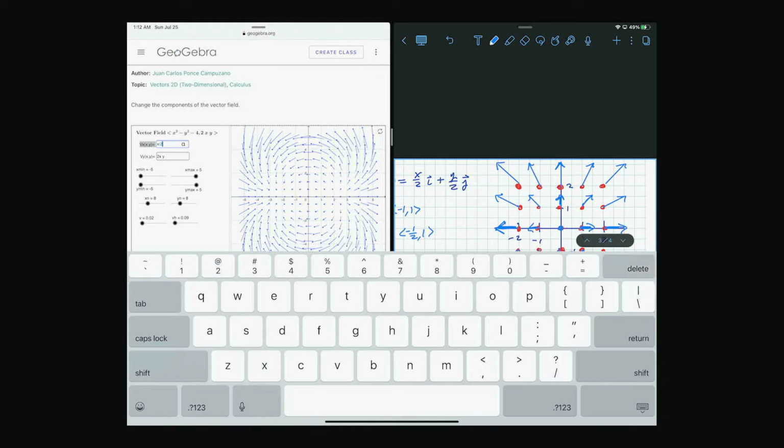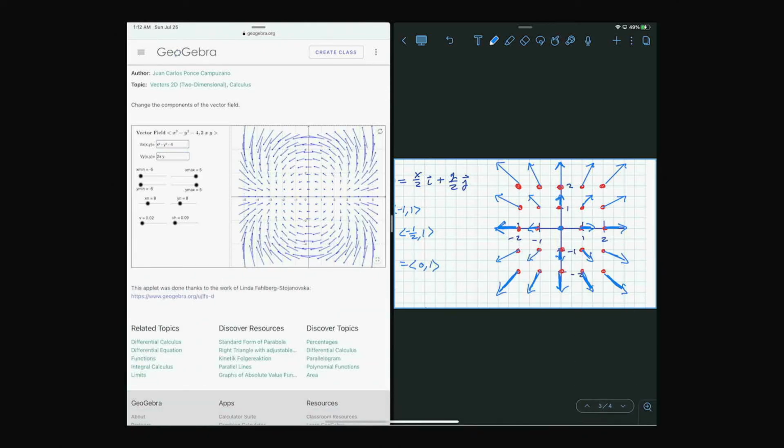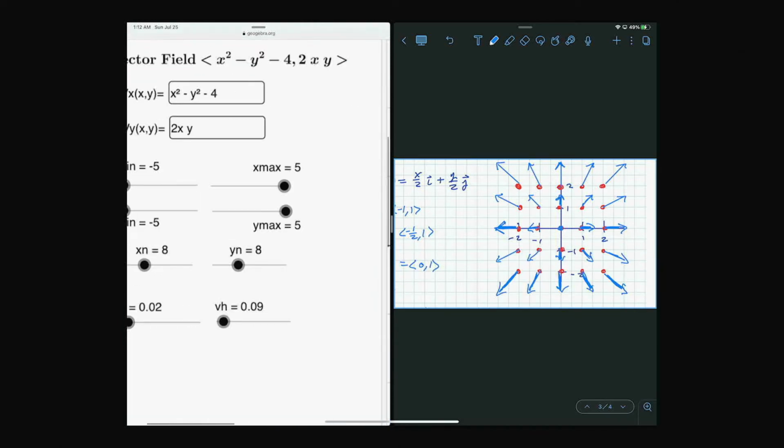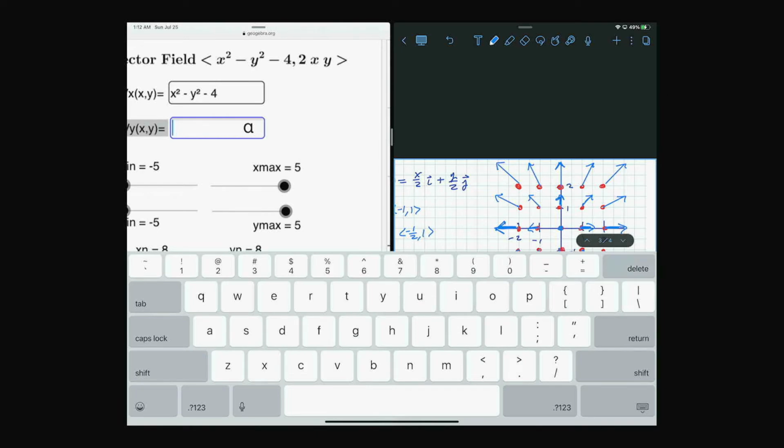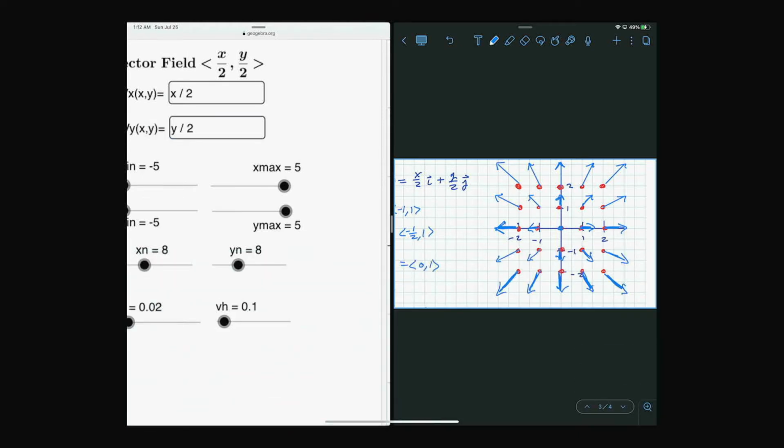So you'd go x over 2, make big. Okay. X over 2, y over 2, like that. How do I make it small now? I can't scroll. Oh, that was a mistake.